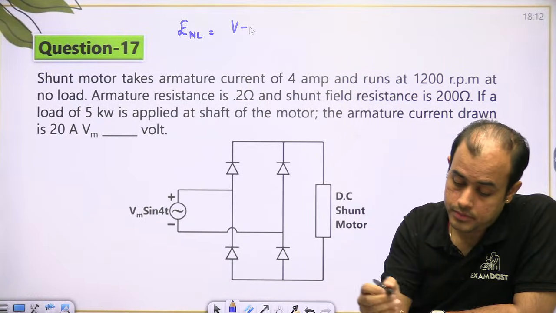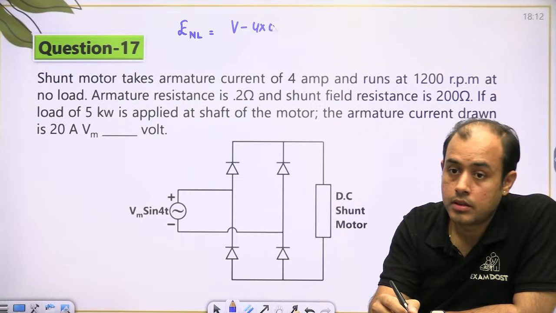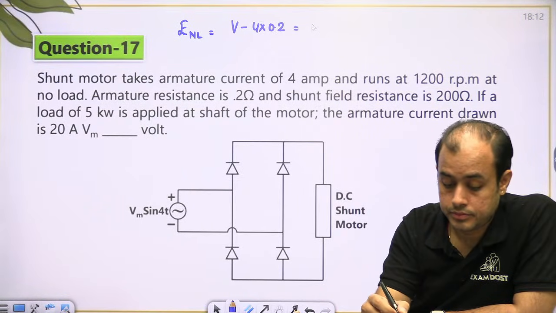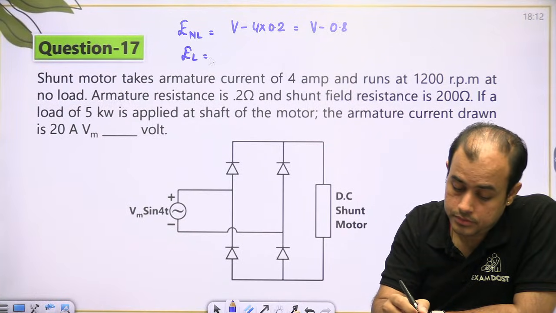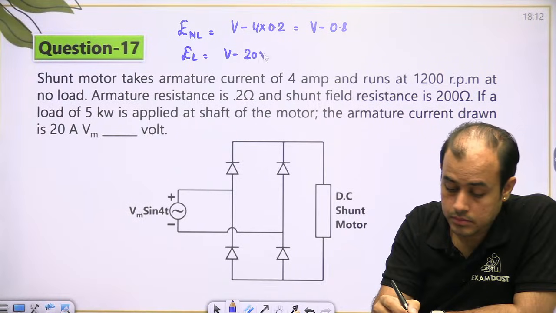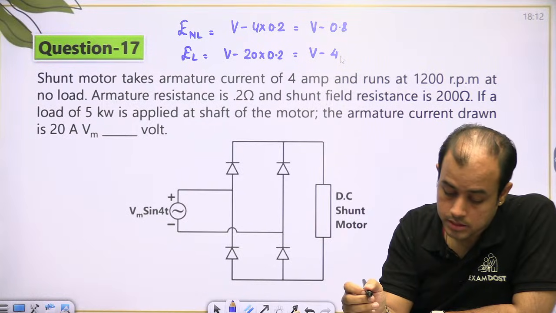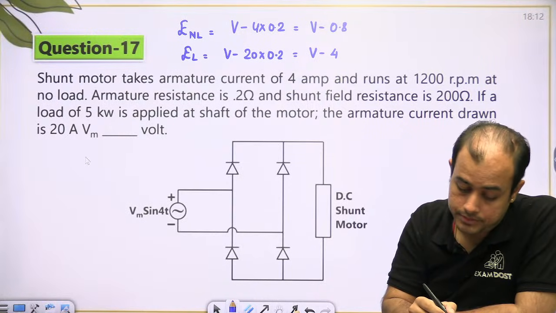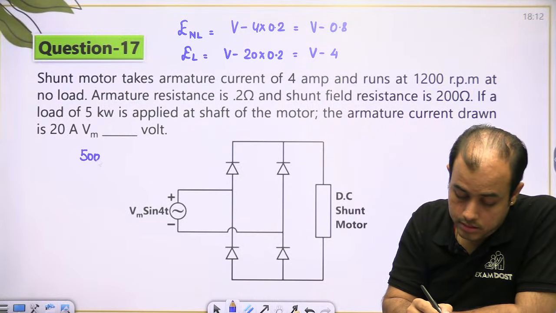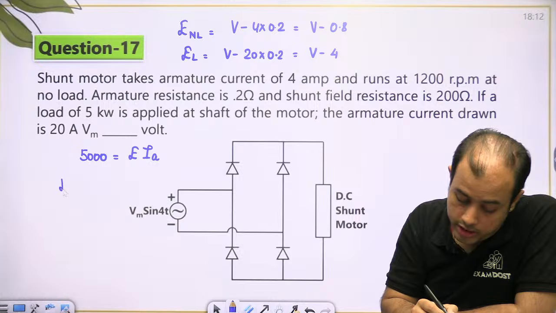So take V, 4 ampere at no load. Now the load is 5 kilowatt at the shaft of the motor. I am ignoring the rotational loss, beta.